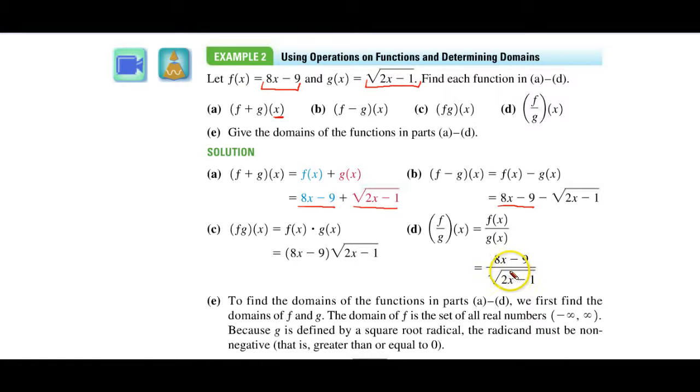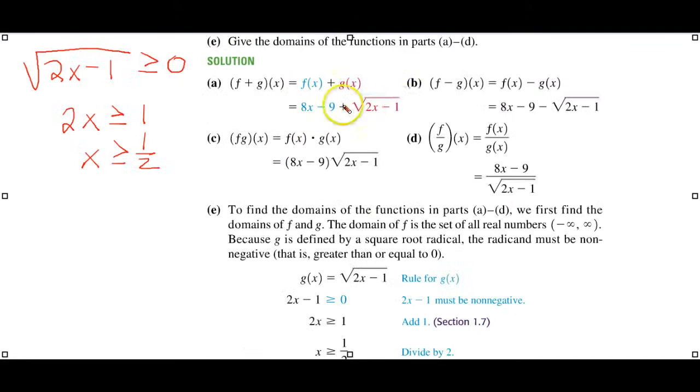Now, as we define our domain of these, in all of these, since we have a radical, as we go to look to the domain, remember under this radical sign, you cannot have a negative value. So we remove the radical sign and say, what is greater or equal to 0?